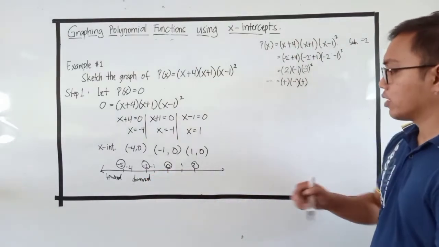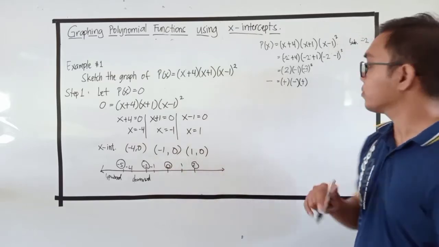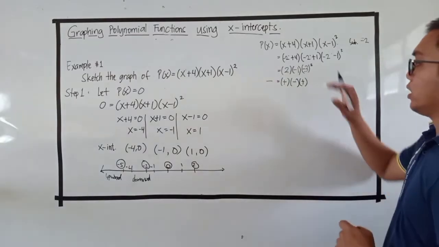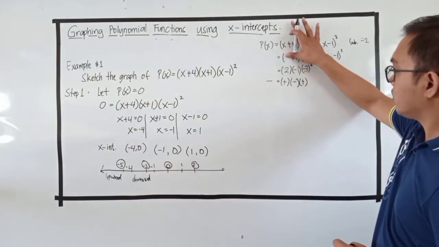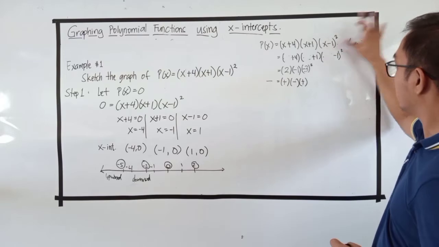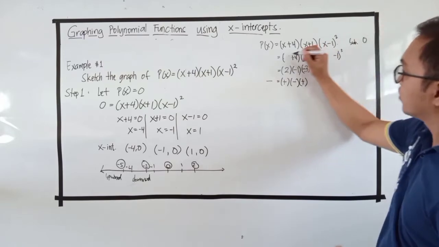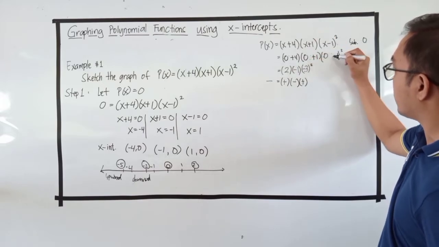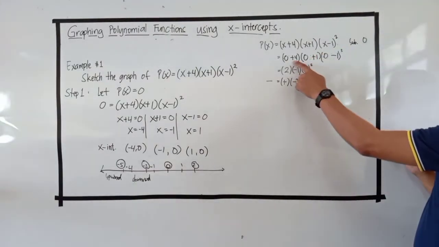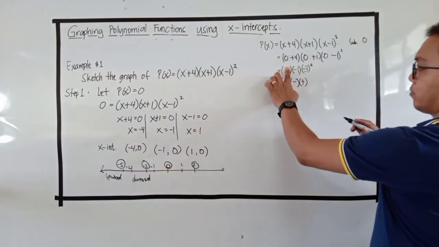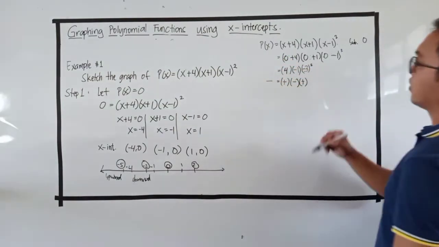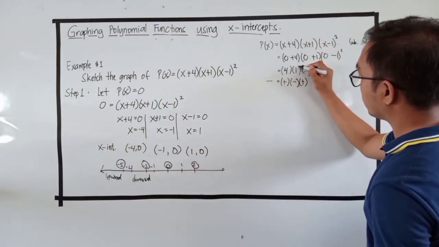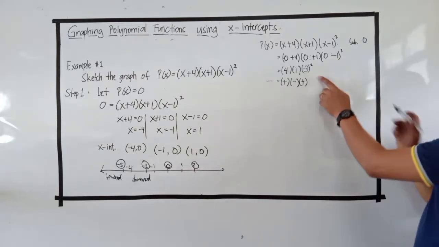Okay, 2 more to go. How about in between -1 and 1? We're going to use 0 in that case. So let's substitute 0 in our equation. That is 0 plus 4, 0 plus 1, and 0 minus 1. 0 plus 4 is positive 4. 0 plus 1 is positive 1. And 0 minus 1 is negative 1.